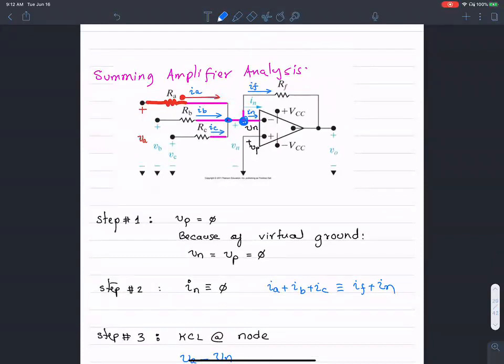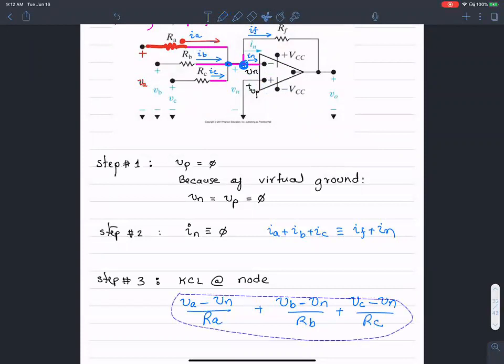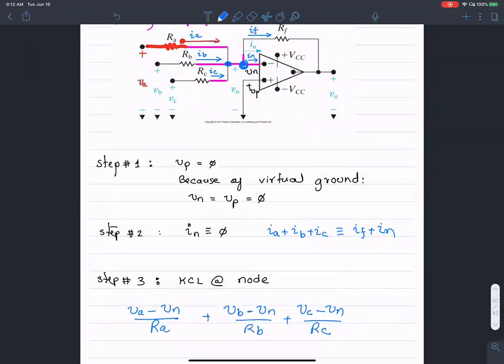I can write IB as well. IB is going to be VB minus VN over RB, plus VC, the voltage that I apply here, minus 0, or this voltage VN, over RC. All of that should sum to IF.